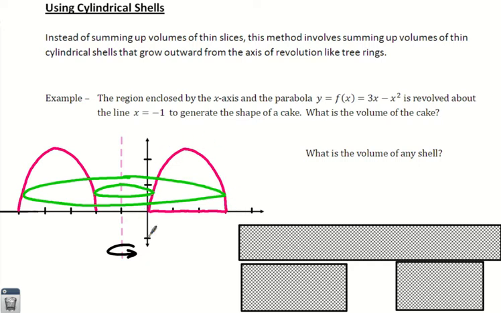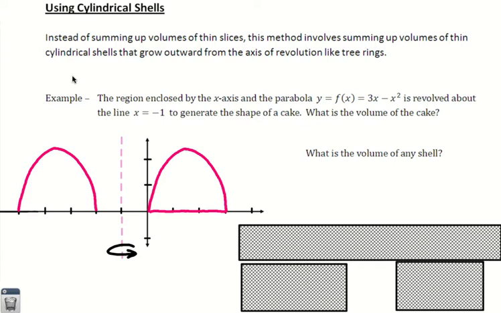You're probably thinking, how would that work, setting up the integral for the washer? Basically the answer is, it wouldn't work. So, long story short, the washer method, the cross-sectional method, doesn't really work in this example.